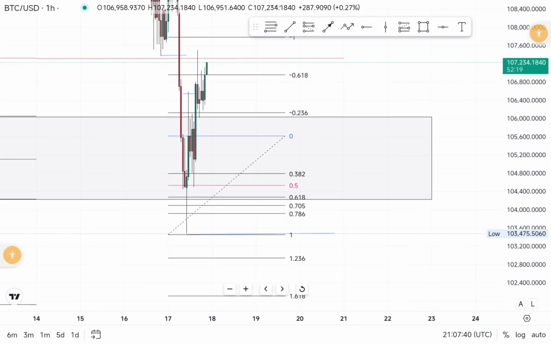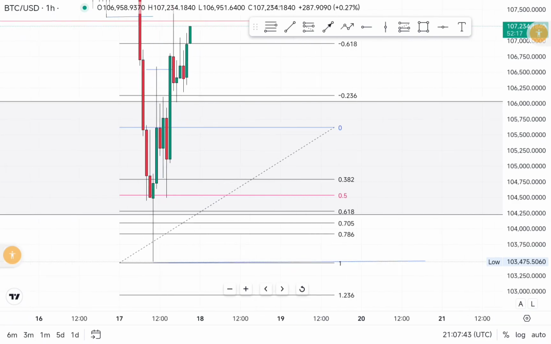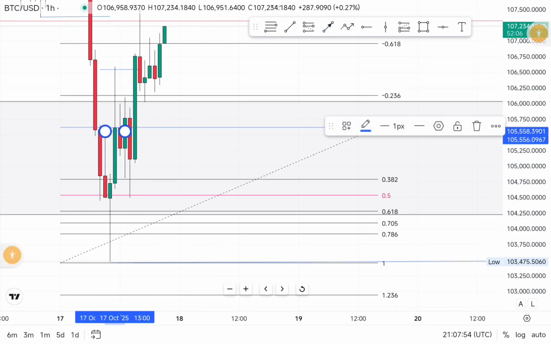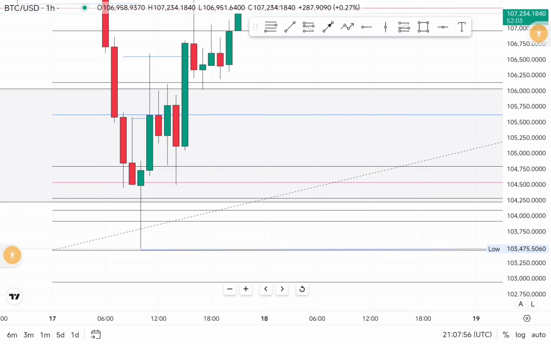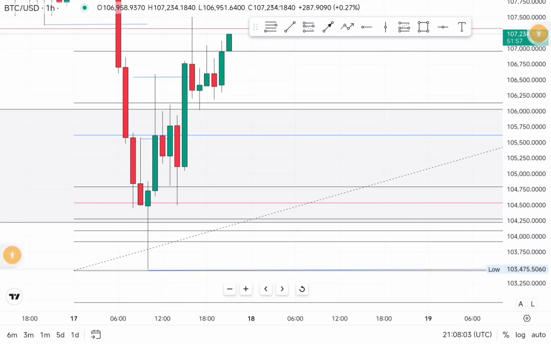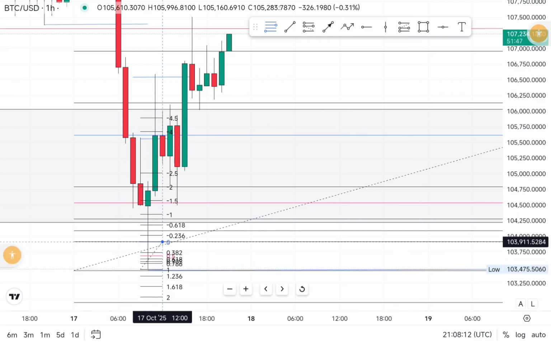You can see the horizontal line has been nicely drawn from the recent high, and the third candlestick closed above the recent high, which signifies another change of character to the upside.